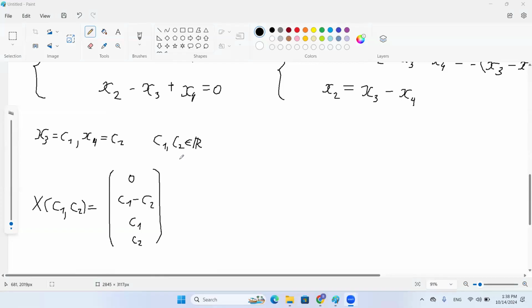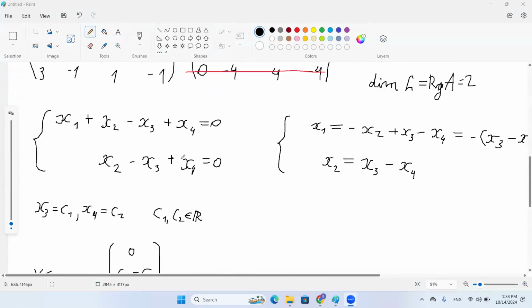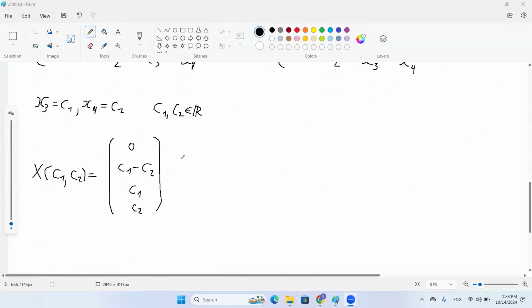Why? Yeah, Mikola, you were right, but please don't forget to raise your hand. Okay, because of dimension. Yeah, because we have 2 dimensions in our linear space. So the number of elements in the basis is always equal to the dimension number. So we need to find 2 partial solutions.